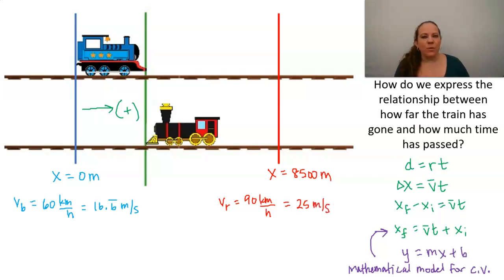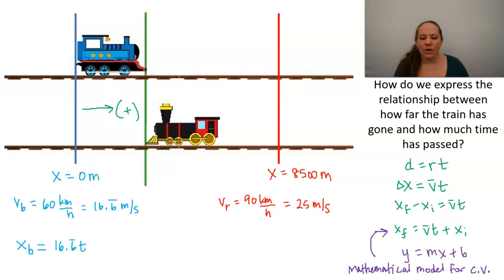So now that we've got our speeds in the proper units, although they are velocities because we're going to assign directions, we can go ahead and finish out those models. The position for our blue train, our slow train, is going to be 16.6 t. And since the intercept, the starting position, was 0, I'm just going to leave it off.